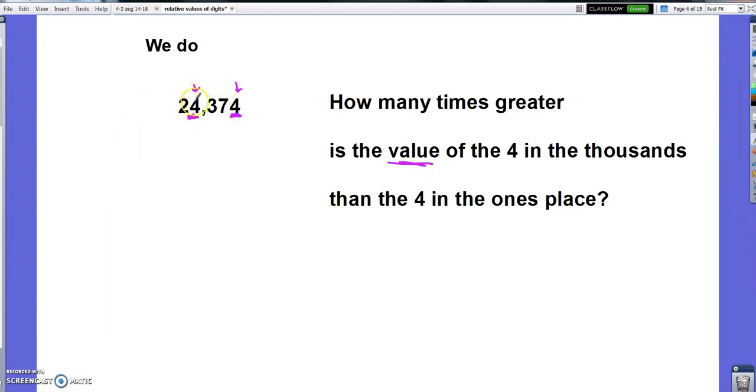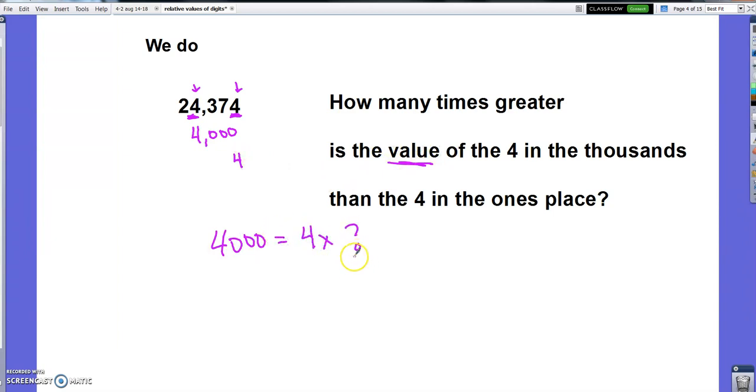This 4 in the thousands place is not just a 4. It's in the thousands place, so it has a value of 4,000. Whereas this 4 in the ones place just has a value of 4 because it's in the ones place. It's only worth 4 ones. So what I'm asking is the 4,000, how many times greater is that than 4? That is 4 times what?